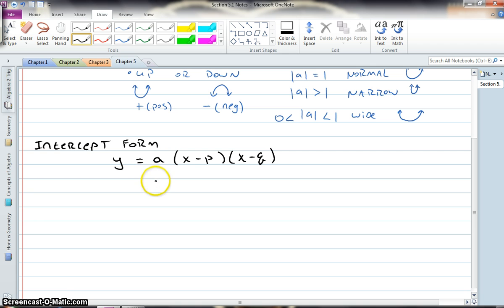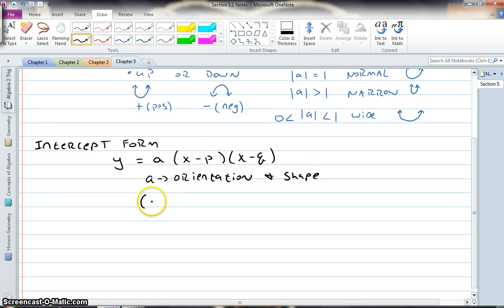Again, the a value still tells you the same stuff as above. Our a value is still going to refer to the orientation and the shape, so all rules above apply for the a value. But the intercept form also tells me my intercepts.